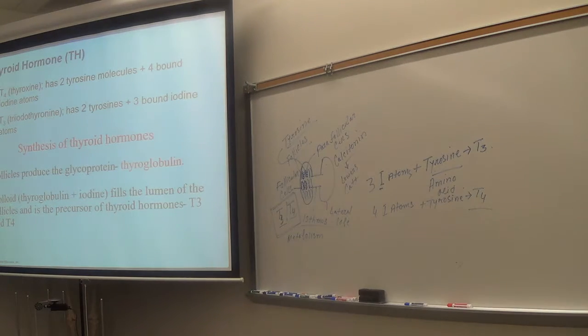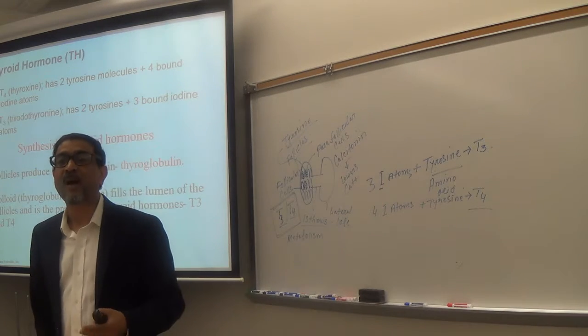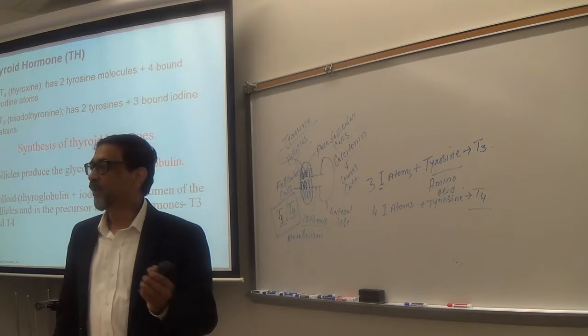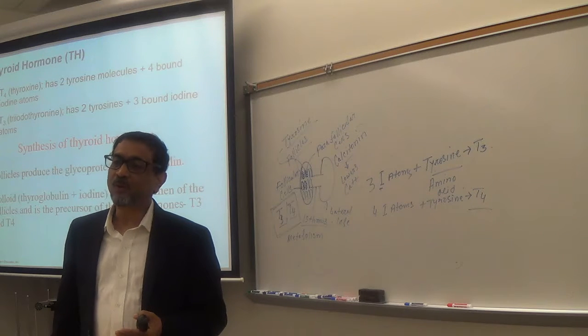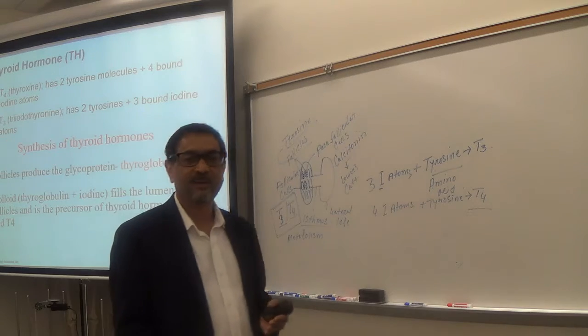If the thyroid gland cannot produce enough thyroid hormone, that is hypothyroidism. If the thyroid gland works more, producing more thyroid hormone, then it is called hyperthyroidism. So we know two conditions, hypothyroidism and hyperthyroidism.